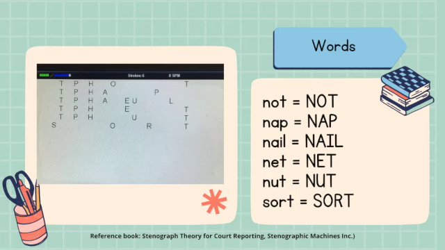So you may try also to practice your fingers even without the machine, even without the stenograph keyboard. So you can try to feel how it is being written.